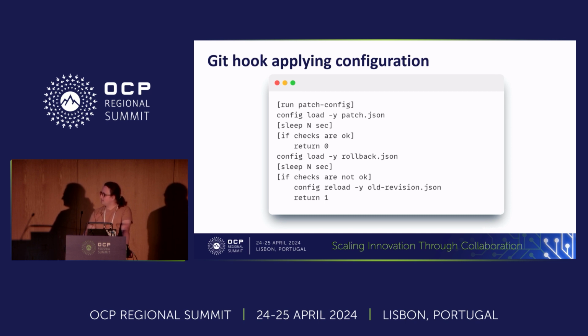If not, then we do the config load rollback. Then we check again. Then it should work, because you have done some changes that broke it. But if it's still not working, then we do the full reload of the old config file.